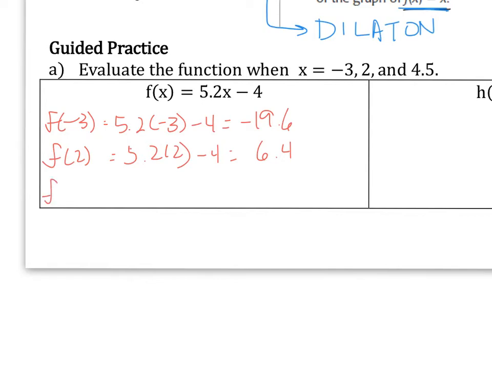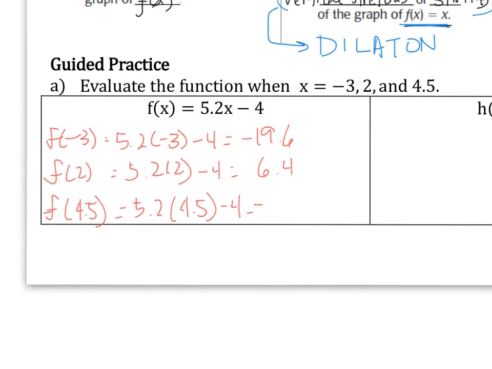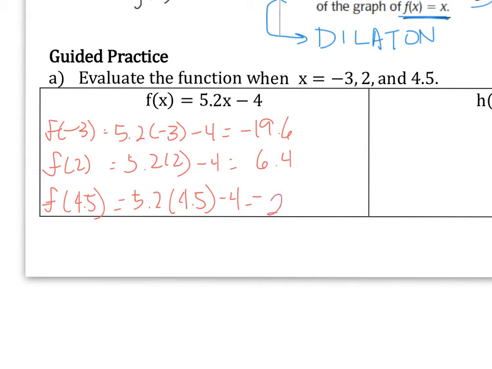And then we have f of 4.5 and 5.2 times 4.5 is 23.4, minus 4, so we have 19.4.